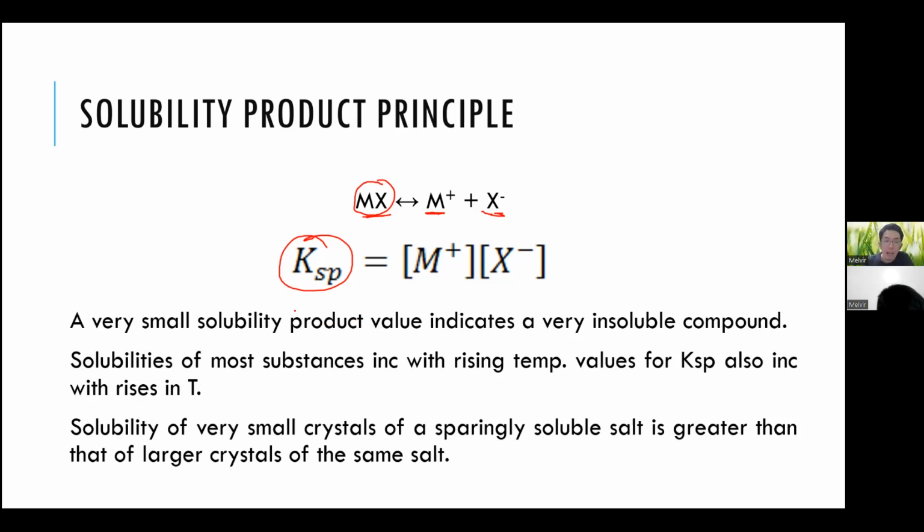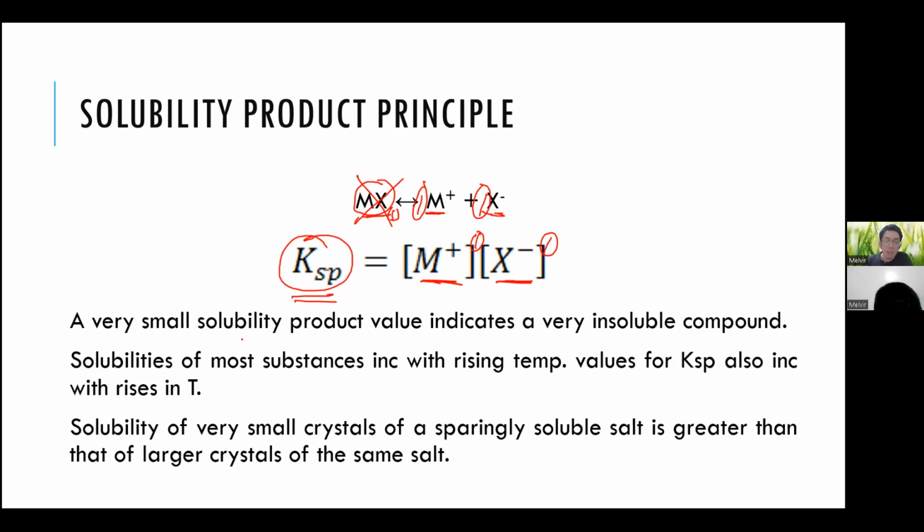So with that, you'll have Ksp. Ksp is equal to, of course, since MX is a solid, you remove it from the equilibrium constant expression. So you'll only have M plus and X minus, raised to their coefficients. Sometimes there are coefficients; here it's just 1 and 1. But don't forget that some are squared, and sometimes some are cubed.